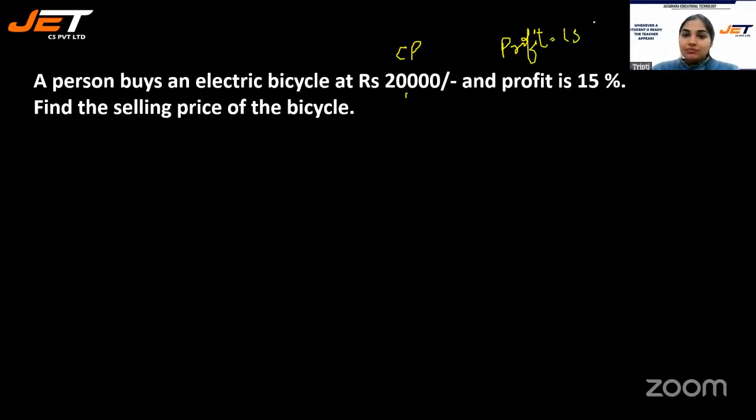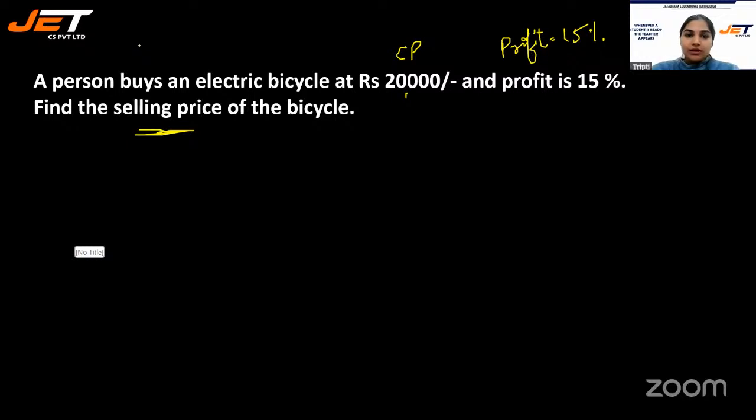Selling price we need to find. How can we do that? Cost price is given, profit percentage is given. We need to find the profit also. Once we find the profit, after that we can find the selling price. So first we need to find the profit with the profit percent.